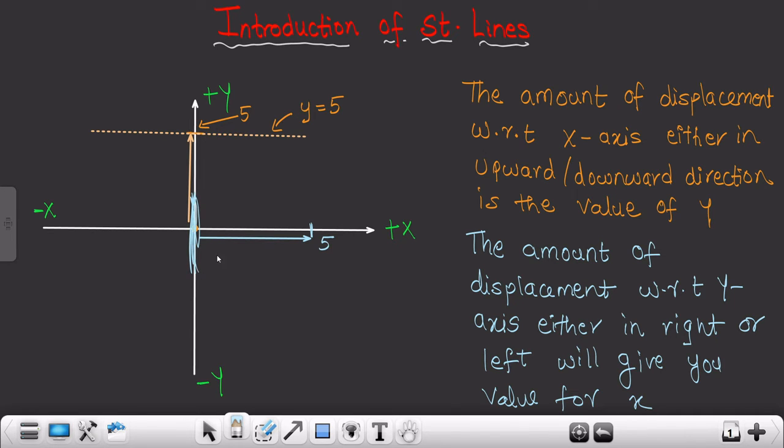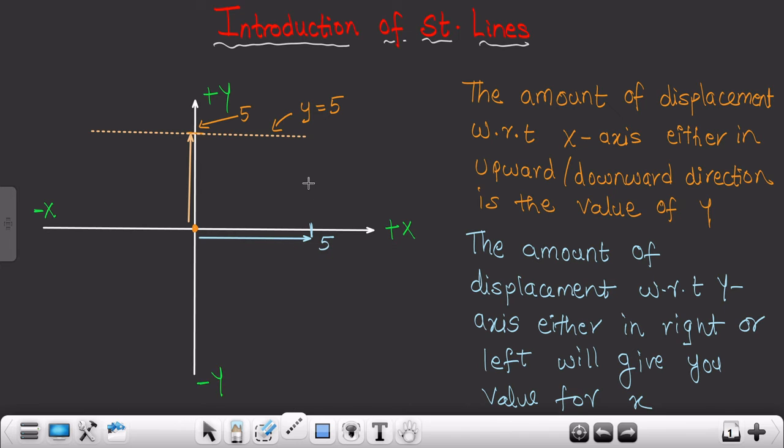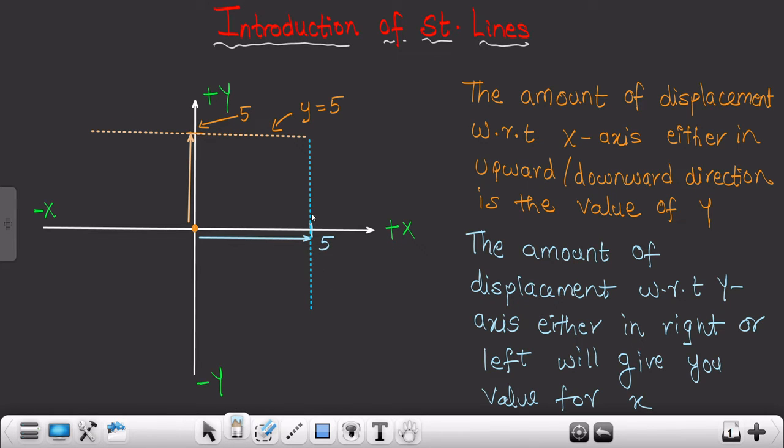So this was your y-axis and I had displaced by 5 units with respect to the y-axis, either in the right direction or in the left direction, will fetch you the value for x. In our case we had considered that we are moving in the rightward direction, so that's why we had considered this particular point, and therefore you will see this particular line passing something like this, and this line will tell you the value of x. So over here the value of x is 5.